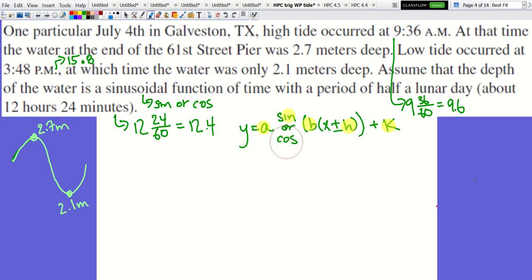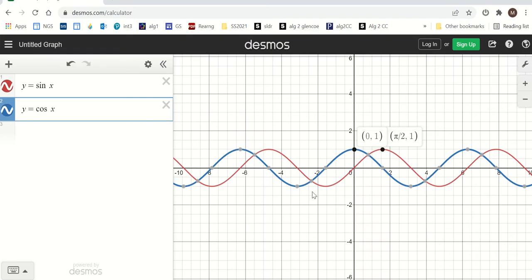Let's start easy here. If you read this problem, it starts at a high tide. If you look at the sine and cosine functions, which function also starts at a high? The answer is cosine.